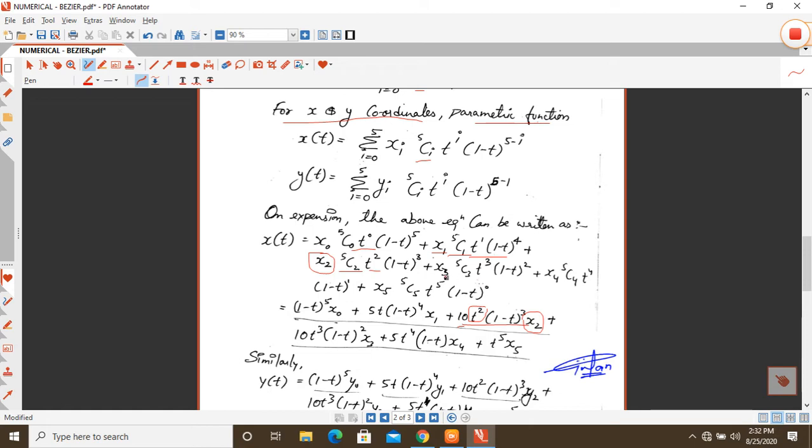Similarly for x3, 5C3 is also 10, t cube (1 minus t)^2 into x3.